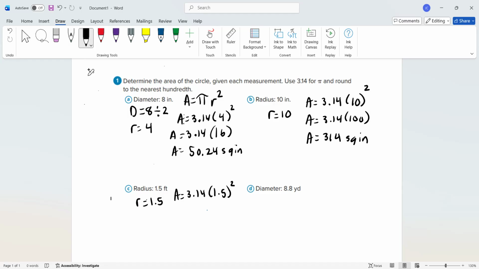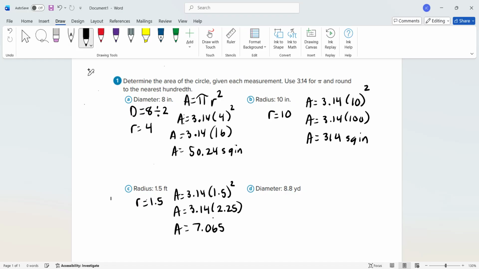I put 1.5 into my calculator and square it, and that gives me 2.25. So now I'm going to do 3.14 times 2.25.